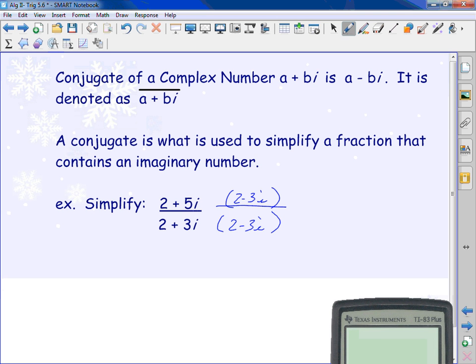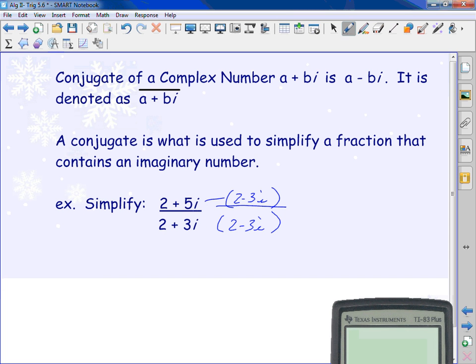Because what's 2 minus 3i over 2 minus 3i? 1. I haven't really done anything to the problem. Because you're using the bottom, you only worry about the bottom part, the denominator.